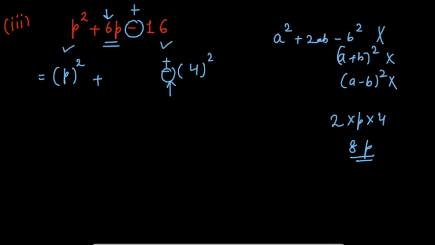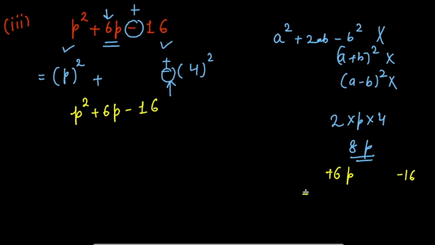So I'm writing the question here again. It is your p square plus 6p minus 16. Again, I need a combination where I need a number as 6p. The solution has to be plus 6p and the product of the numbers should be equal to minus 16. So 8 twos are 16 if I write.